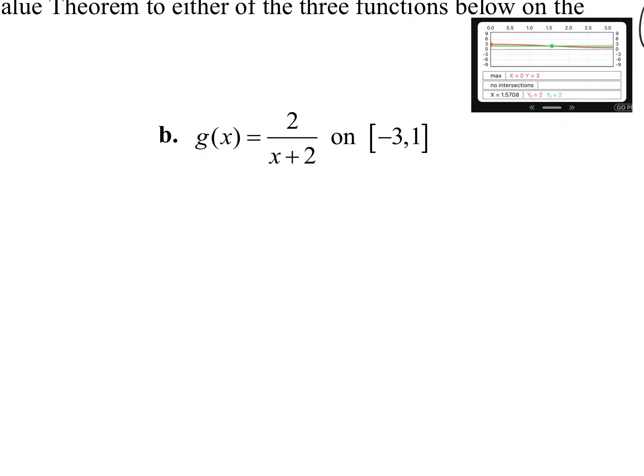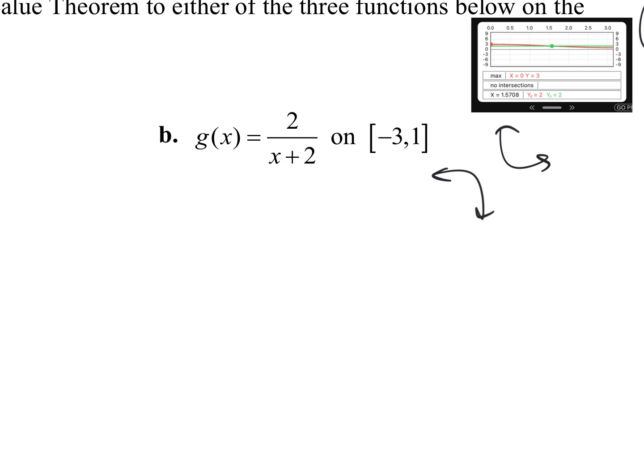Okay, next one here, I've got 2 over x plus 2 on the interval from negative 3 to 1. Does anyone remember what this looks like on the graphing calculator? It's like the two things. The one goes down and one goes up, right? So something like maybe this and like this. Okay, so anyways, if I looked at the graph, this would look something like this, which means there's going to be a vertical asymptote where?